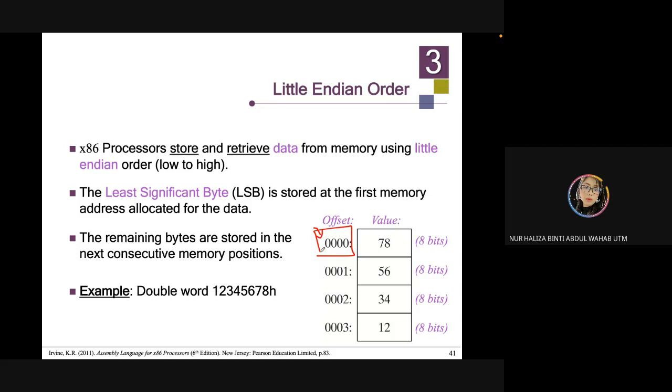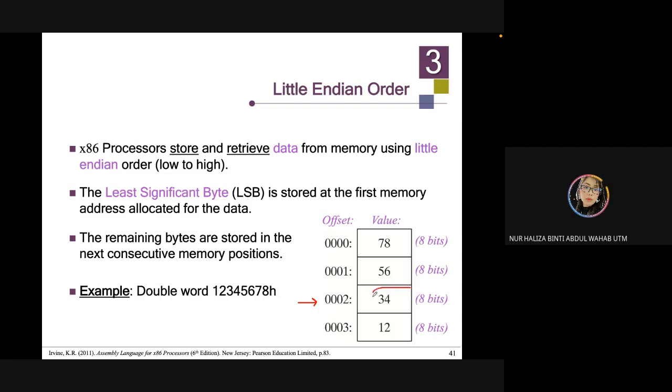The starting address is our offset, where we start from. And we need to know, for example, if asked, okay, it starts with 000, but what is the value at 002? You are given only this. For example, you were given the double word 12345678H. What is the value at address 002?